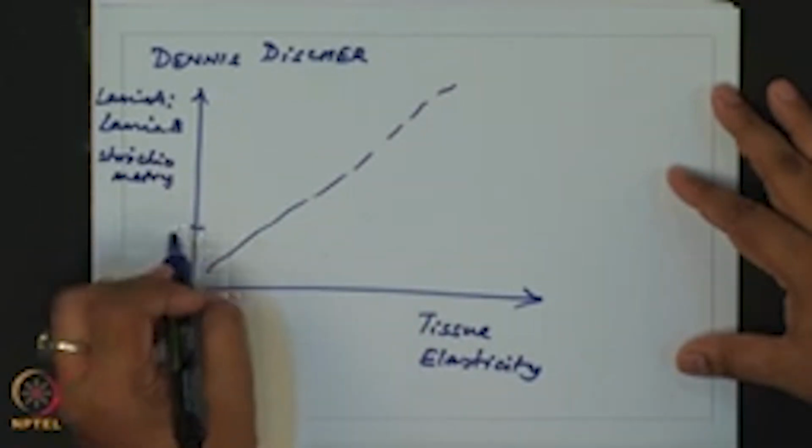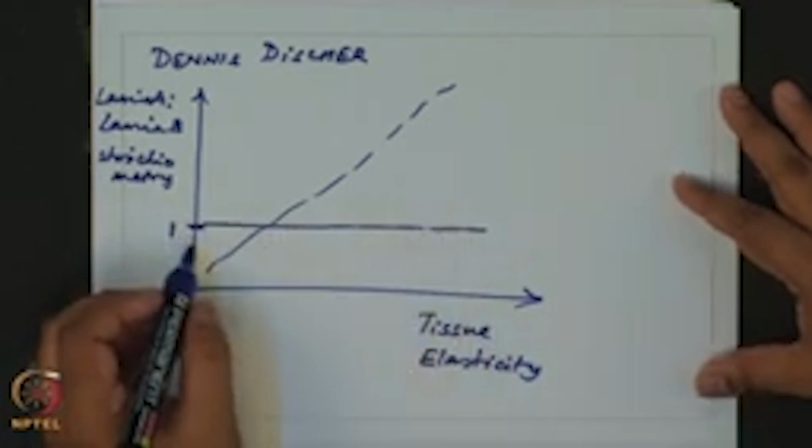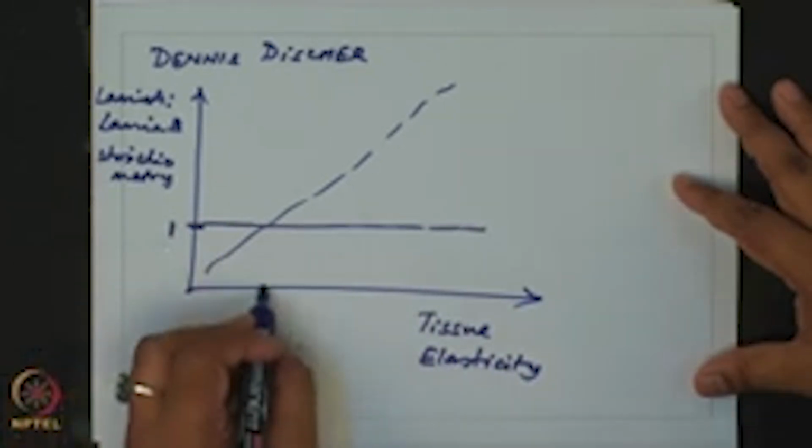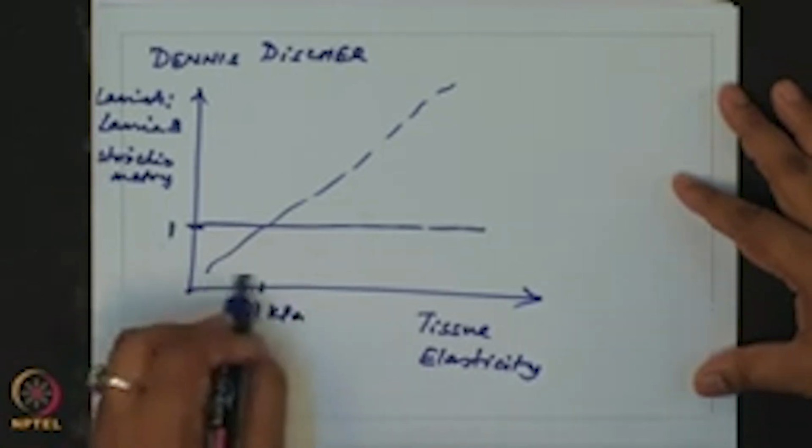Let us say this is 1. Below 1 you have soft tissues. So, let us say this is 1 kPa order brain. So, this is your brain elasticity.